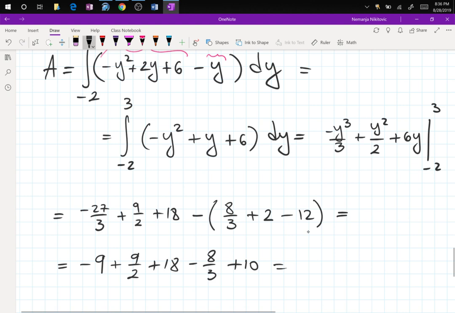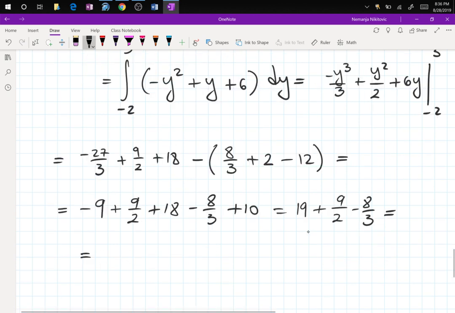That's 9 and 10, that's a 1, and 19. So that's 19 plus 9 halves minus 8 thirds. Common denominator for this mess is 6. Now 6 times 19, that's 6 times 20, 120, right? And minus 6, 120 minus 6 is 114.